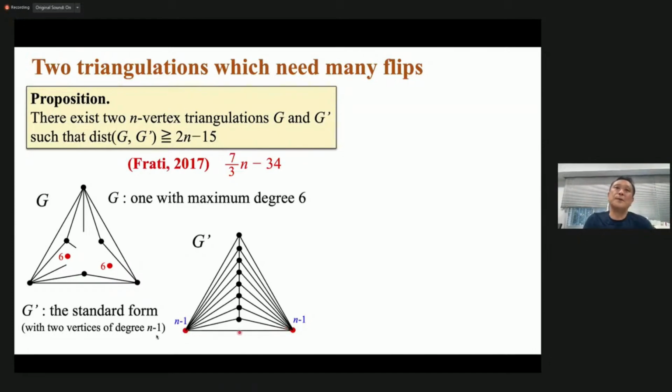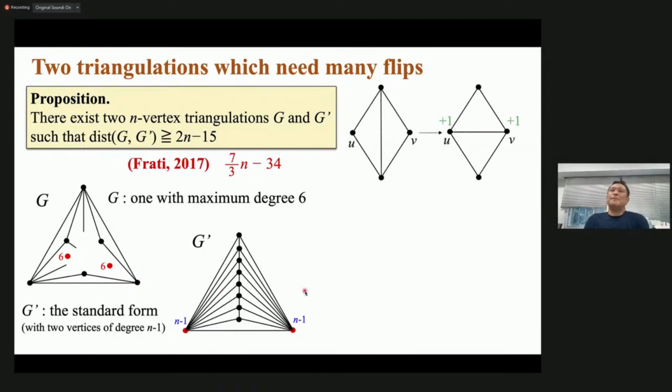And consider the flip distance of this G and G prime. We consider the effect of a single diagonal flip on a triangulation. In this case, the degree of U and the degree of V each increase by 1.